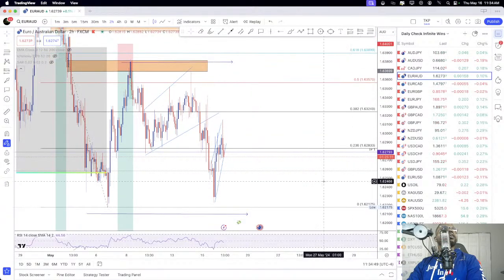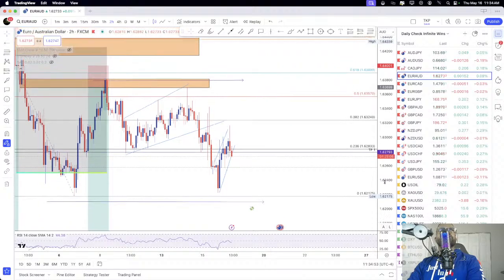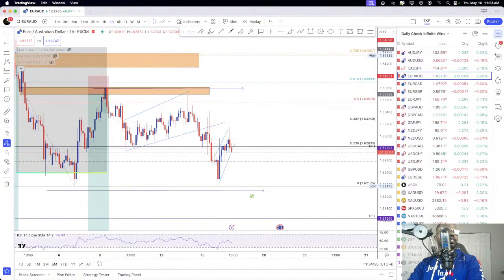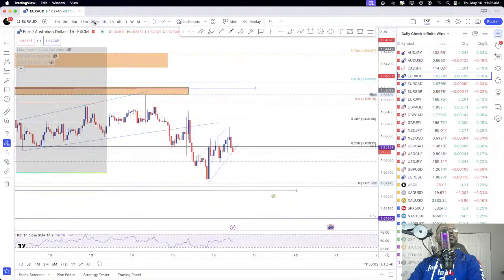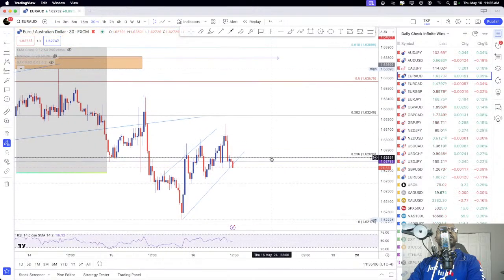Okay, we got Euro AUD dropping right here. Let's see if it breaks this level right here. That means we're going deeper in profit on it. You want me to do 3 of those? Yes, do 3. Okay, time to type in the stop loss again, which I remember. Oh, yeah.